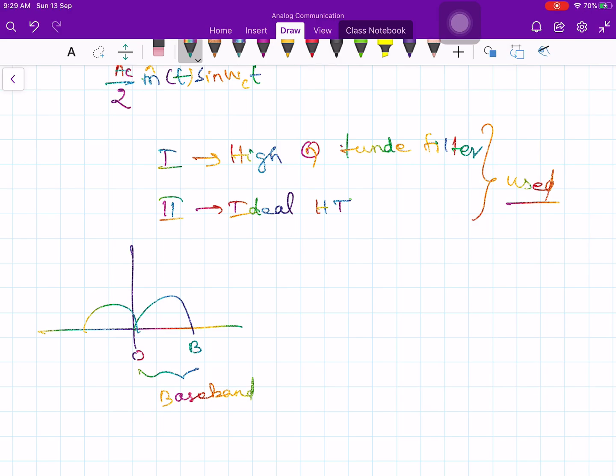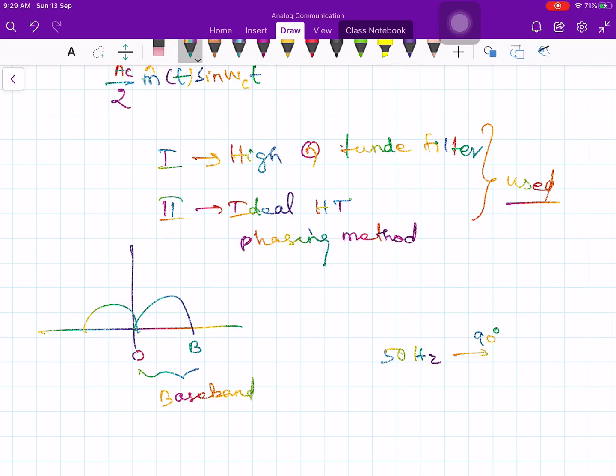The second method is called the phasing method, because this requires the implementation of a 90 degree phase shift. We require a 90 degree phase shifter, not at a single frequency. Suppose you say a 50 hertz signal, and you want to introduce a 90 degree phase shift, then it is easy, no problem.